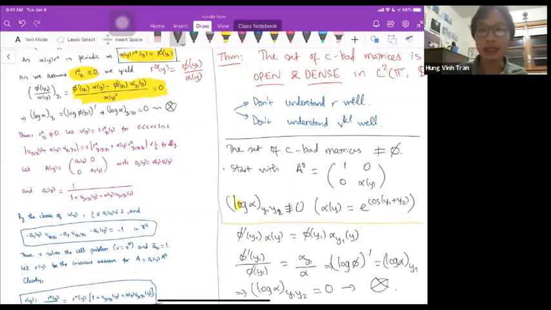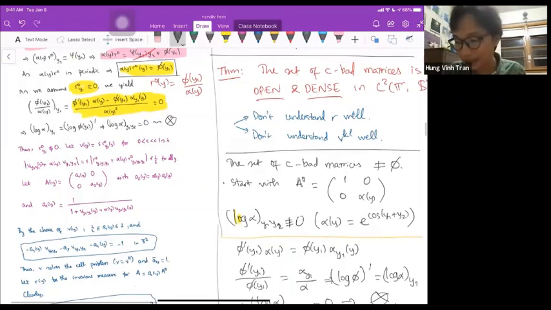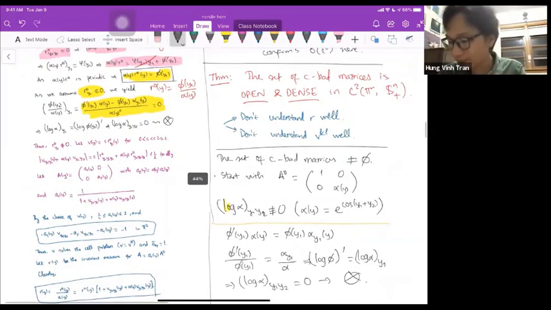The requirement here is that alpha has to be strongly mixed in the two variables, and that allows me to conclude from the first step that the invariant measure is not too trivial. It's strongly mixed as well. Okay, so that's the first step.